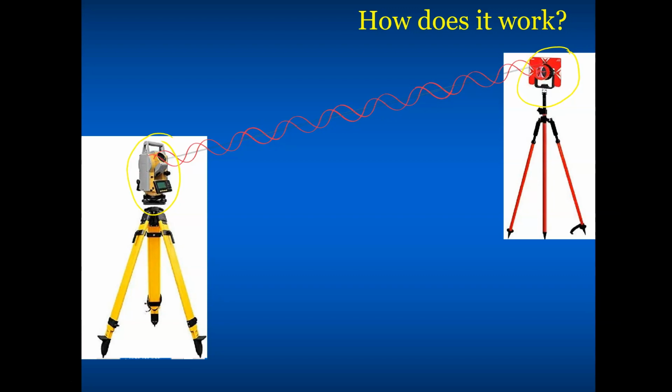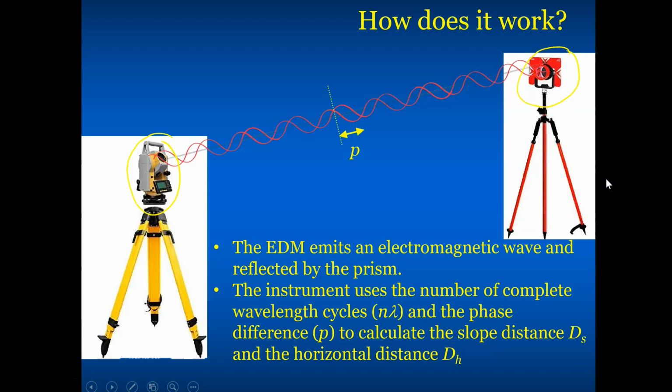So using onboard software, by analyzing the wave, the EDM can actually come up with the distance, based on the wavelength and based on what we call the phase difference between the waves.